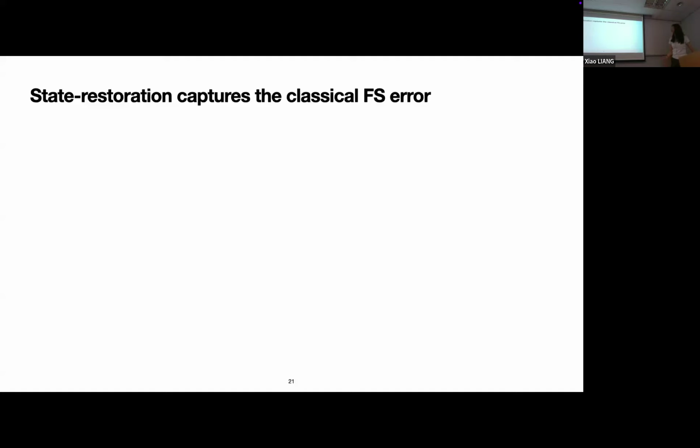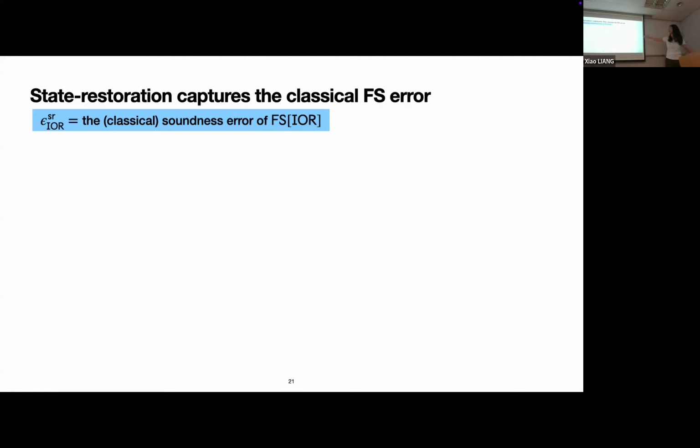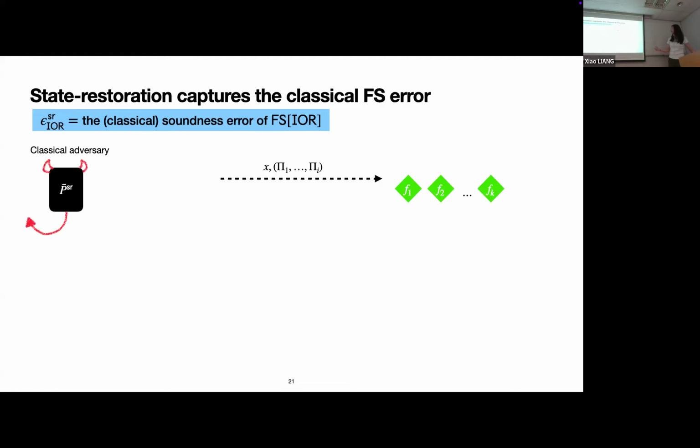Well, to see that, first let's recall how state restoration works classically. The classical state restoration soundness error captures the Fiat-Shamir soundness error of the transformation. The way it works is you have some classical adversary querying all of these random oracles, and it could query any one of them. It can make T moves, and each time it can query a different one.